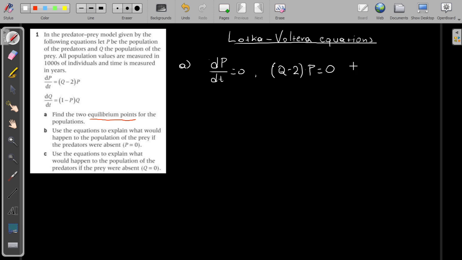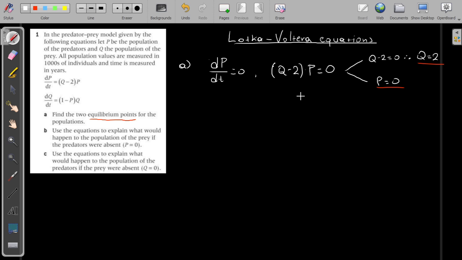From here I have two outcomes: either Q minus 2 should be 0, which means Q should be 2, or P should be 0. So basically now I have these two values.